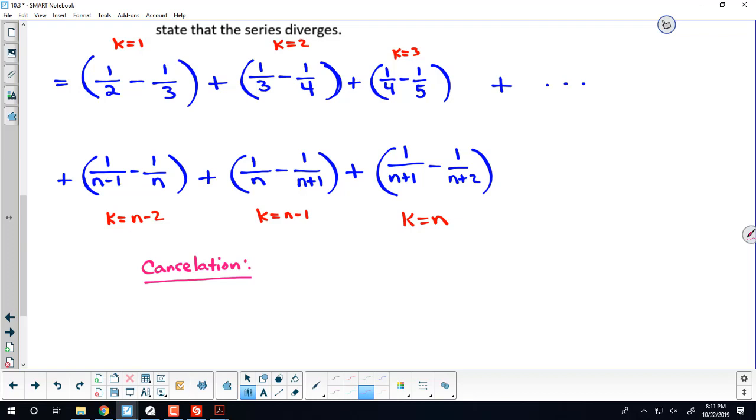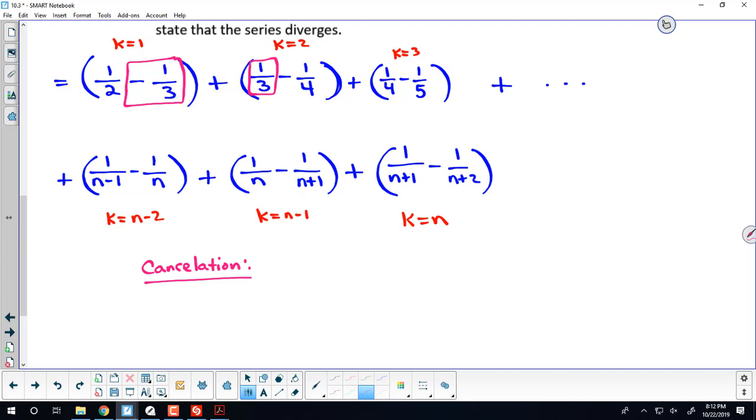I would say that this clearly is going to cancel with this when we add them together. So I would keep them in pairs for sure, and within each pair I'm just going to call the 1/2 the first and the negative 1/3 the second. However you want to describe that, I would just say that this second cancels with the first, and it's the pair to the right.